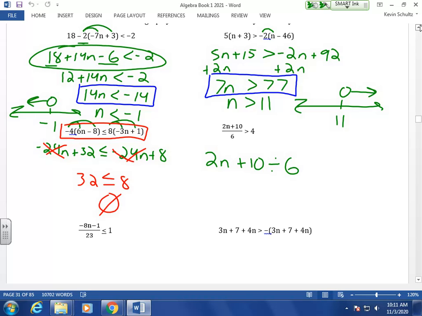Gino? No. What does the fraction say? Go ahead, Gino. You're dividing the sum of 2n plus 10 by 6. When written as a fraction, it's as if there are parentheses around here, even though they're not written, right? If we wrote it out horizontally, then we would need parentheses here to say that we're dividing that 2n plus 10 by 6.